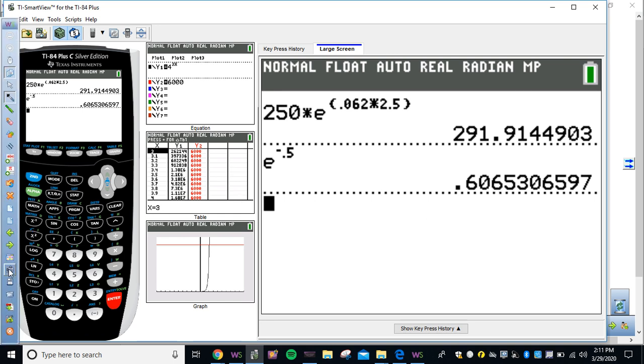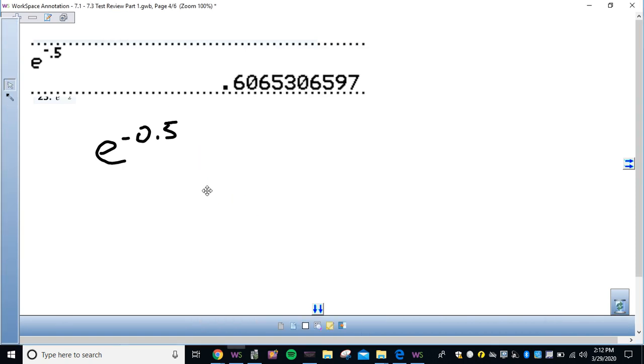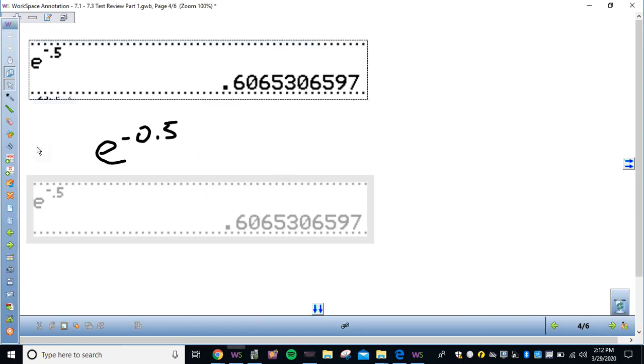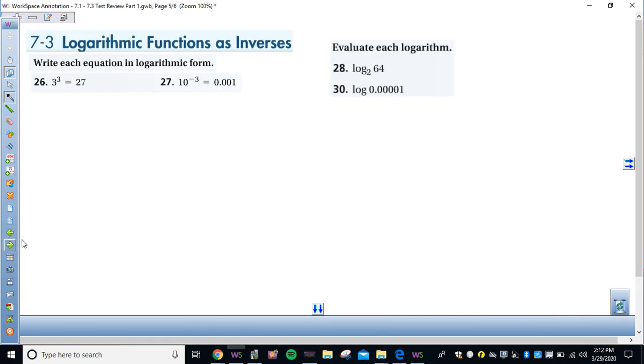Copy that to the next page, and then round on the next page. So this one equals 0.6065 to 4 decimal places. Remember, tenths, hundredths, thousandths, 10,000ths place is 4 decimals.